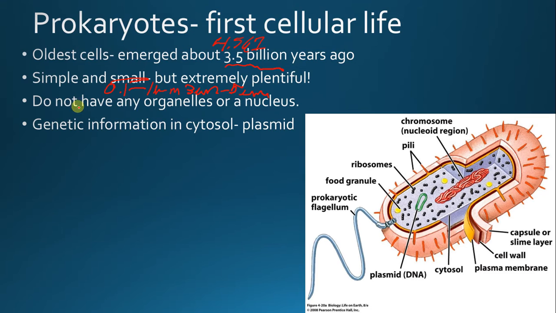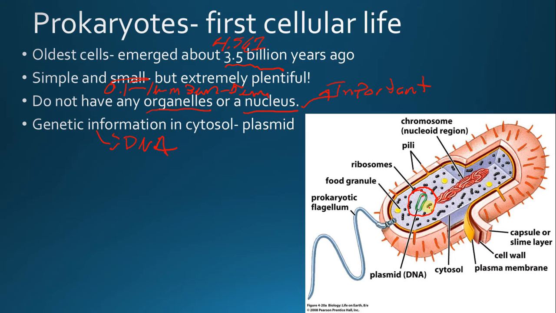They don't have any organelles or a nucleus. Important: absent organelles or a nucleus. The genetic material, DNA, floats around in the cytosol in circular structures called plasmids or plasmoids, kind of like this. They're floating around in there.